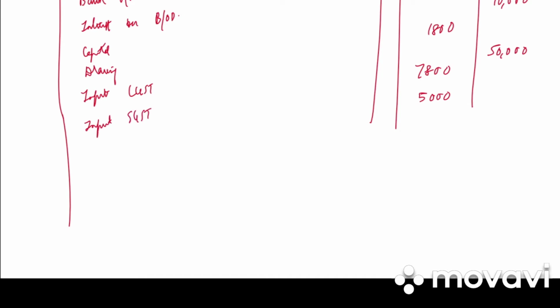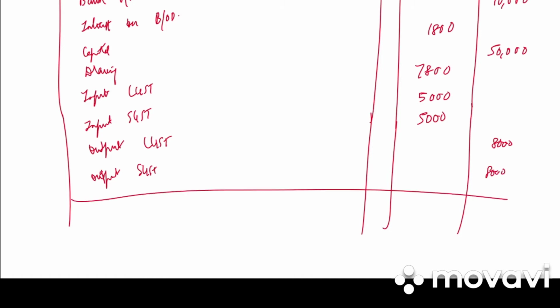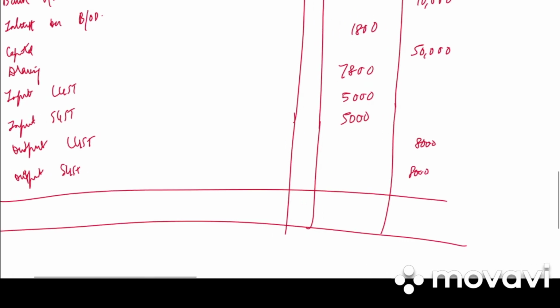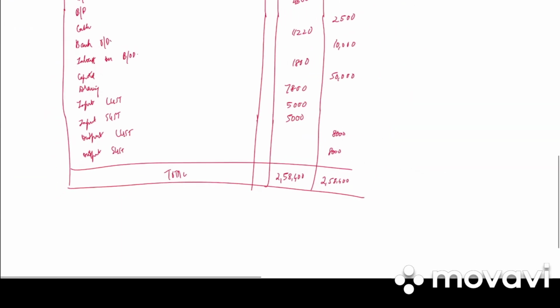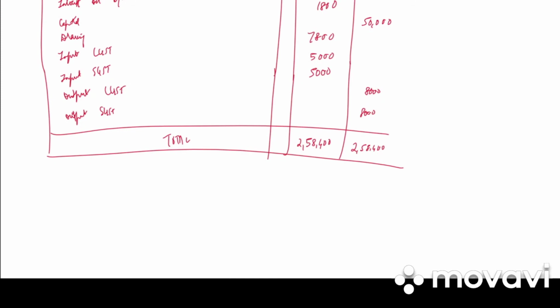Input SGST, 5,000 debit side. Output CGST, 8,000 credit side. Output SGST, 8,000 credit side. So we need to total our trial balance. What is the total? Debit side 2,58,400. 2,58,400 is the credit side. If our trial balance is tallying, which means it is correct.